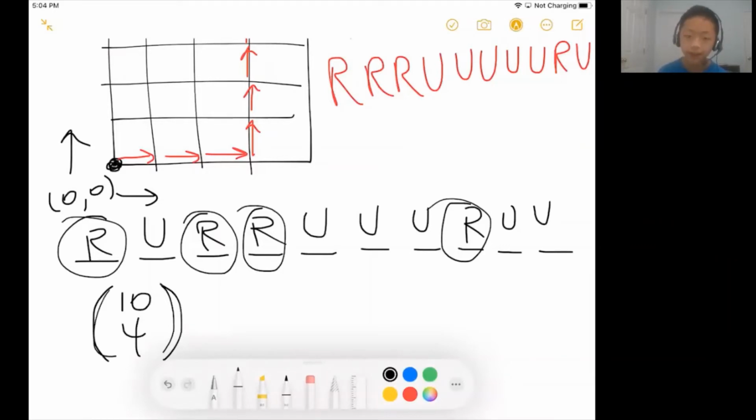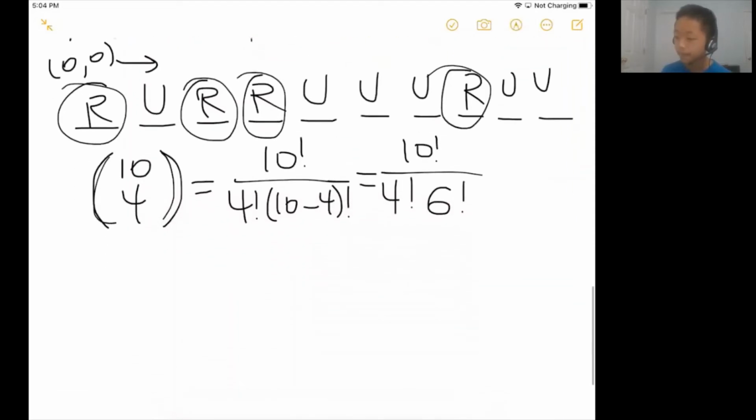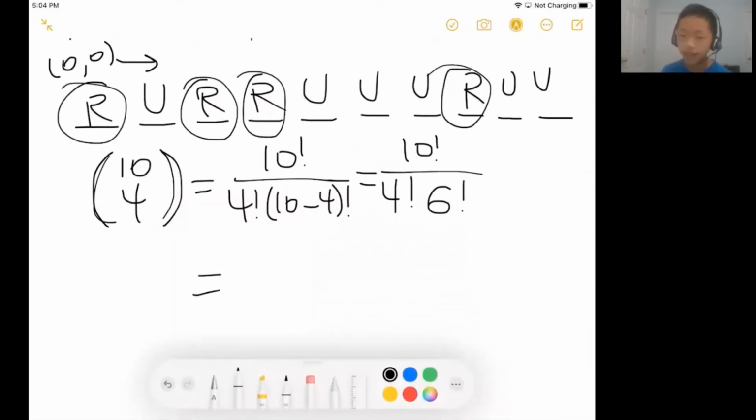So we can calculate it with the combination formula. 10 choose 4 is equal to 10 factorial over 4 factorial times (10 minus 4) factorial. That equals 10 factorial divided by 4 factorial times 6 factorial. To simplify, the 10 factorial on the top, I can write as 10 times 9 times 8 times 7 times 6 times 5 times 4 times 3 times 2 times 1, but that's just 6 factorial.